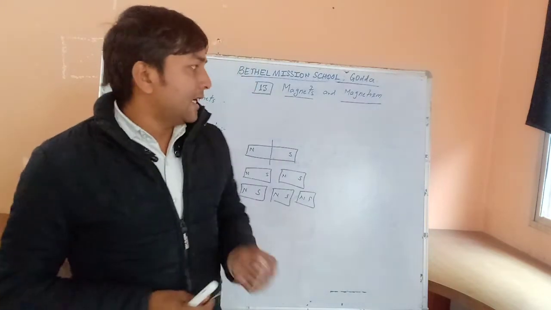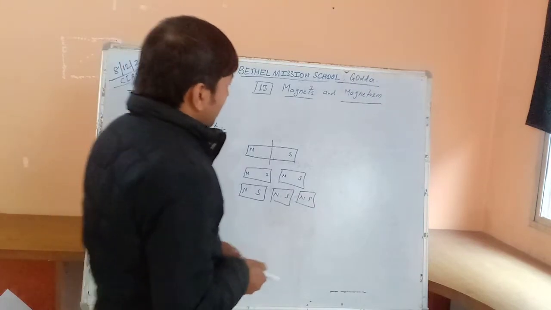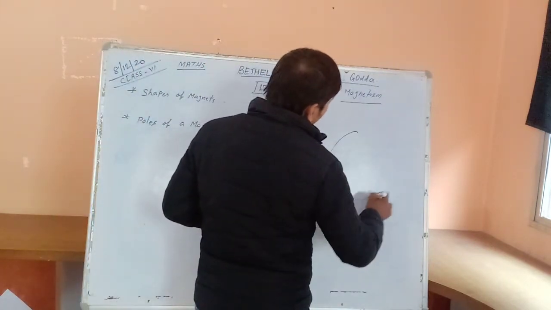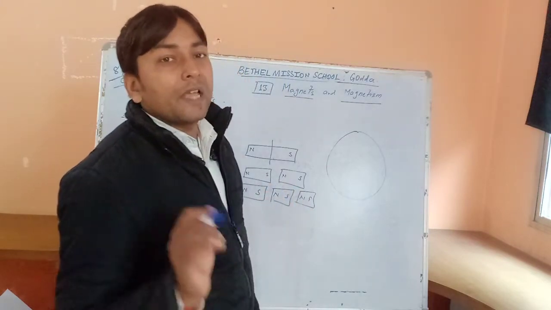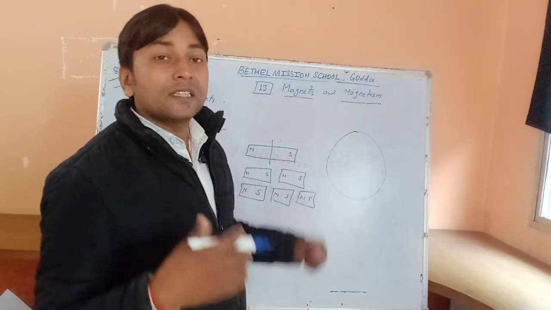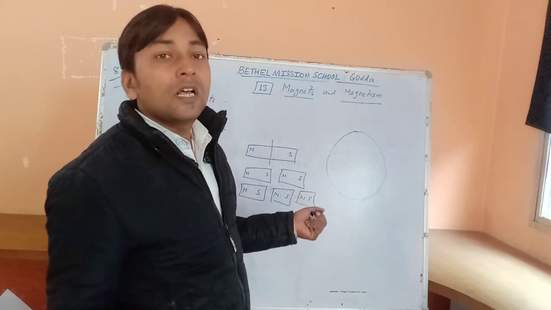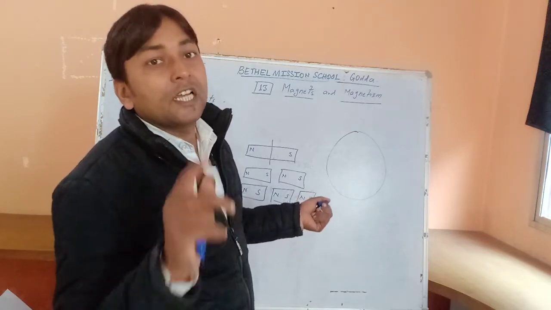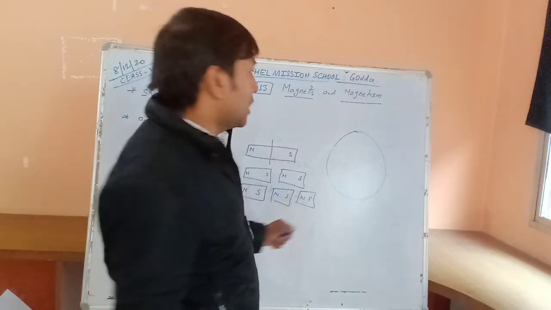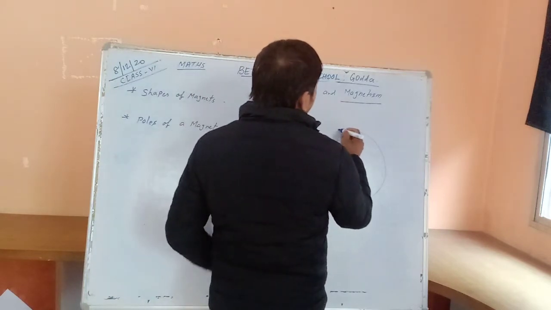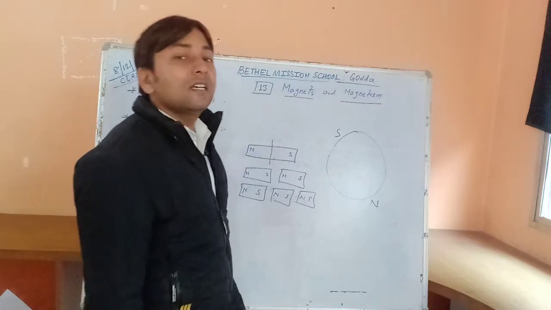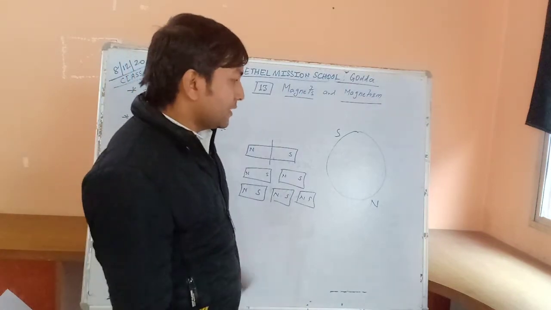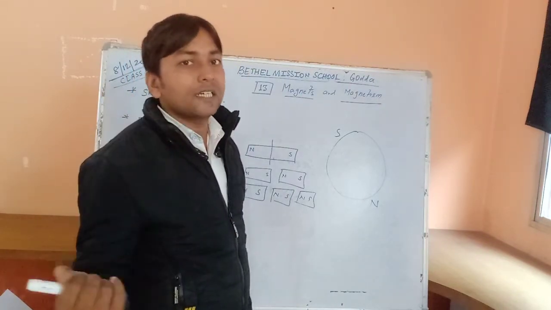So the answer is, our earth acts as a magnet. Our earth, as you know, has two poles, north pole and south pole.